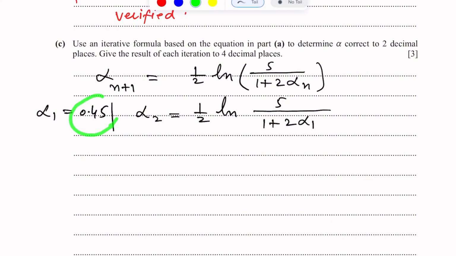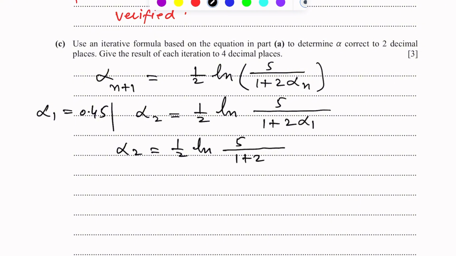The value of alpha 1 we have is 0.45, so putting in 0.45, we get alpha 2 is equal to 1 over 2 log 5 over 1 plus 2 into 0.45.